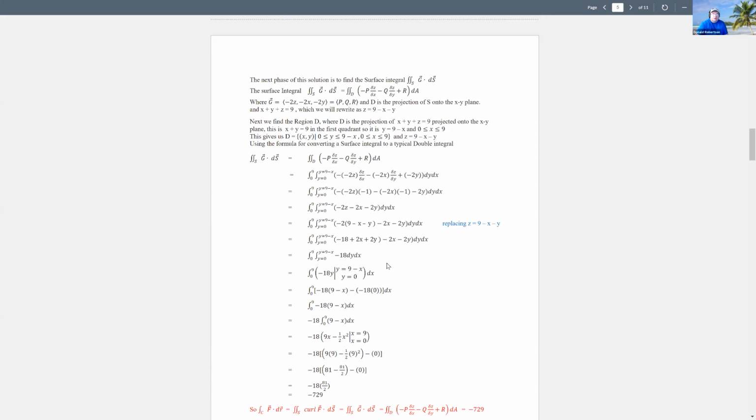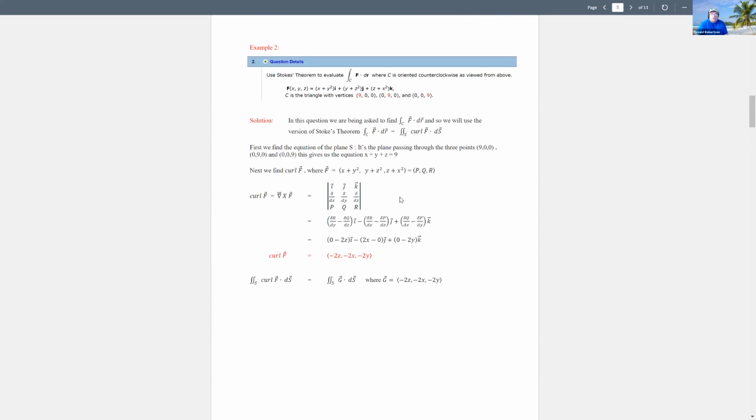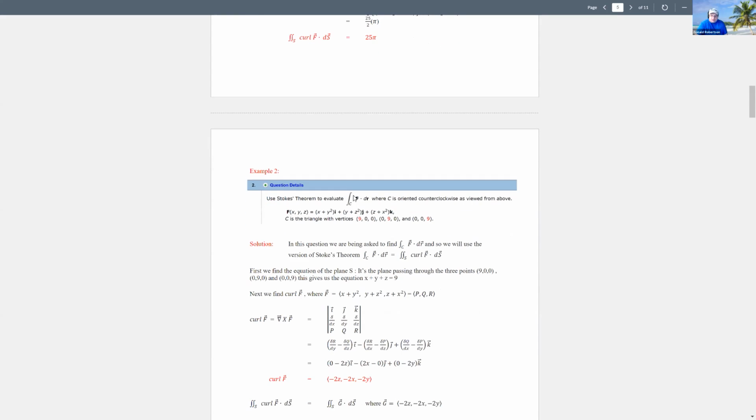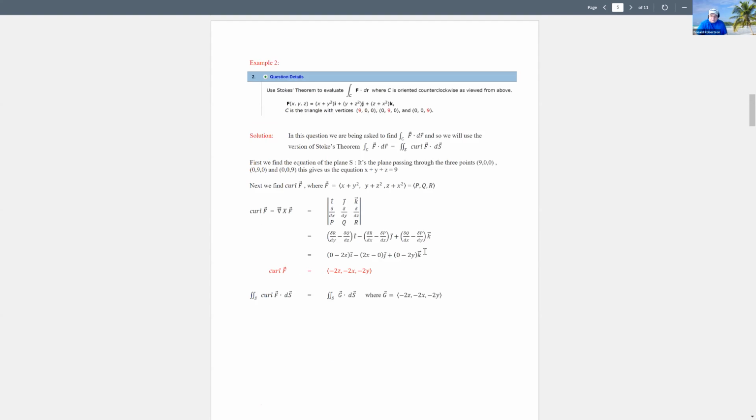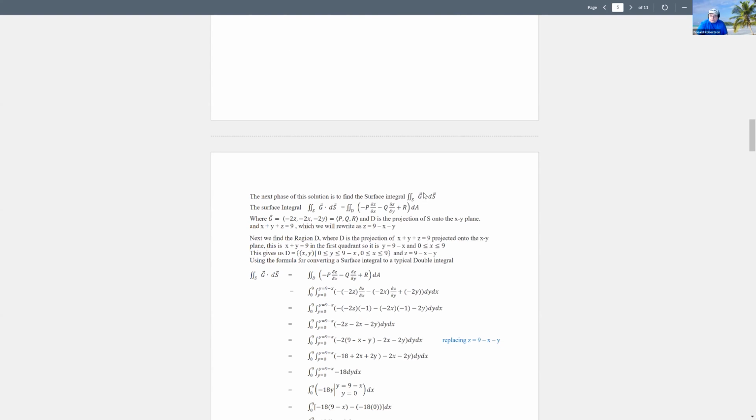Then what you do is you are essentially going to take this line integral and turn it into this surface integral here. And the curl F, I've decided in the notes just to call it G. And so what you then can do is find this surface integral by turning it into a good old-fashioned double integral.